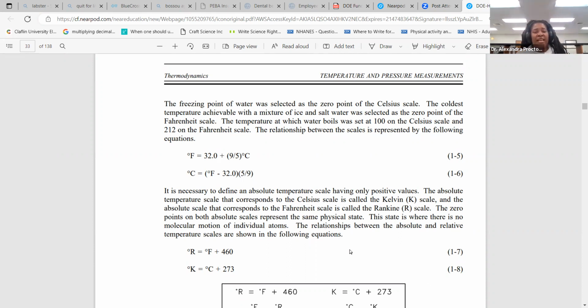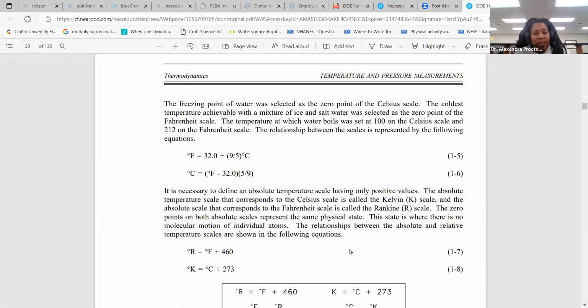So they understood that it was necessary to define an absolute temperature scale having only positive values. So the absolute temperature scale that corresponds to the Celsius scale is the Kelvin scale. Okay.